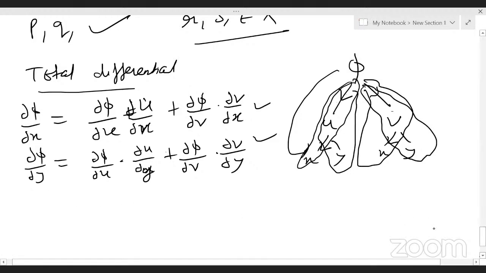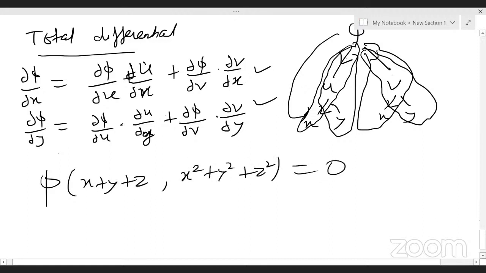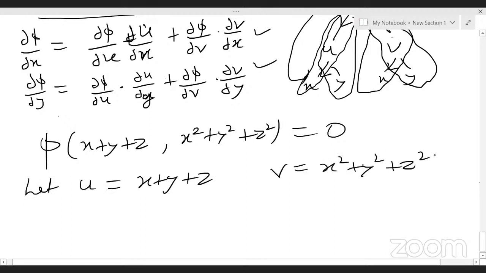Now let's see how to do the question. The question was phi of (x plus y plus z, x square plus y square plus z square) is equal to 0. So you let u equal x plus y plus z and v equal x square plus y square plus z square.